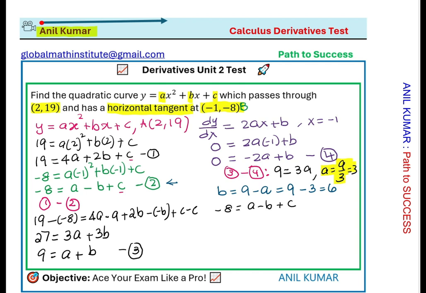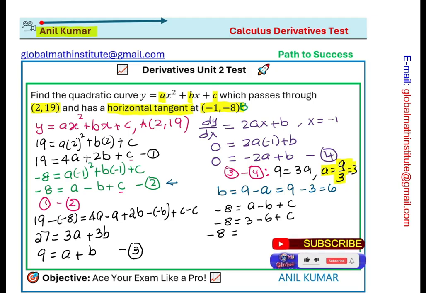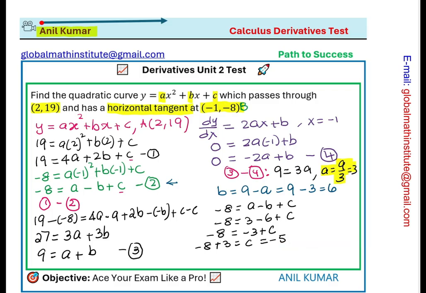So we'll substitute a, b in it and find c. So we have -8 equals a is 3, b is 6, plus c. So -8 equals -3 plus c, or -8 plus 3 equals c, which means that c is equal to -5.